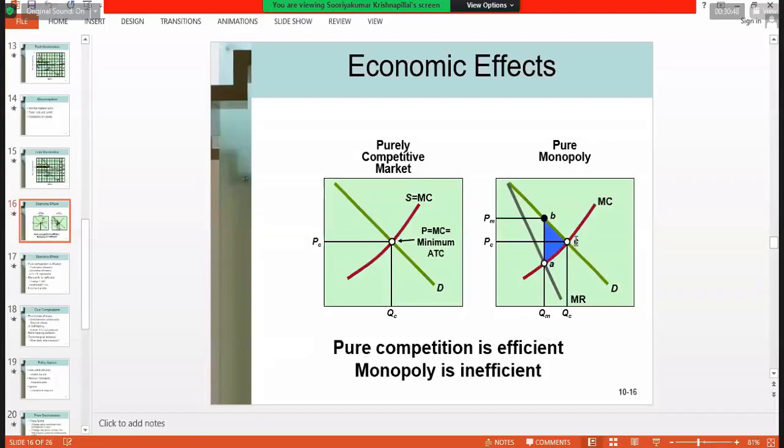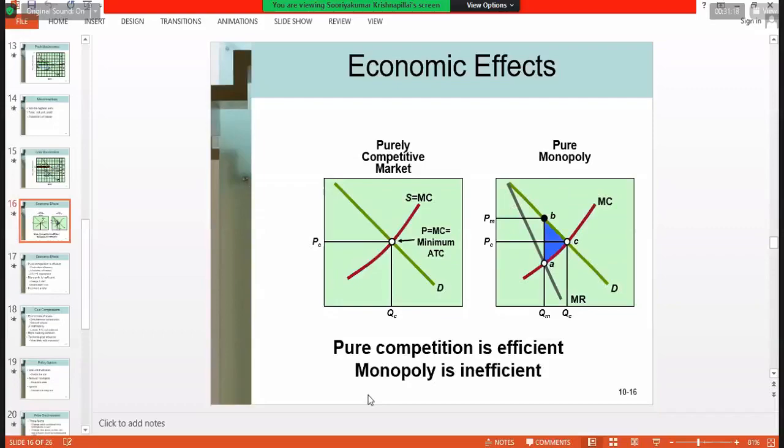So it is not an efficient market, because in the competitive market all the consumer surplus and producer surplus are achieved, the maximum benefit in selling and buying. This benefit loss to the consumer and producer, highlighted in blue, is the deadweight loss to the society.